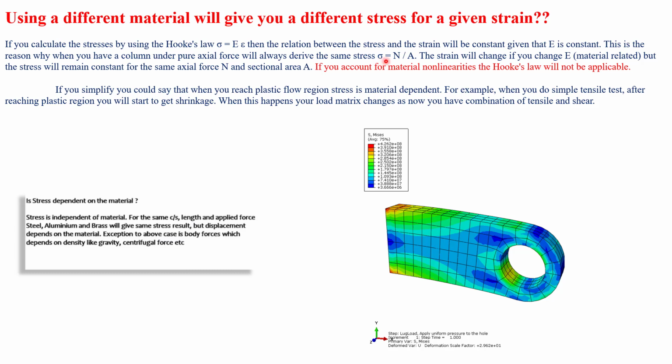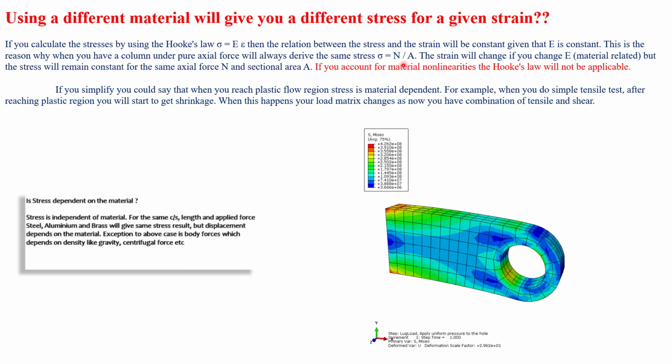Now just remember the statement: the strain will change if you change the Young's modulus, correct? If the Young's modulus is less, ultimately the displacement will be more, and depending upon that the strain will be more. But the stress will remain constant for the same axial force and the constant area. This is what I wanted to convey.